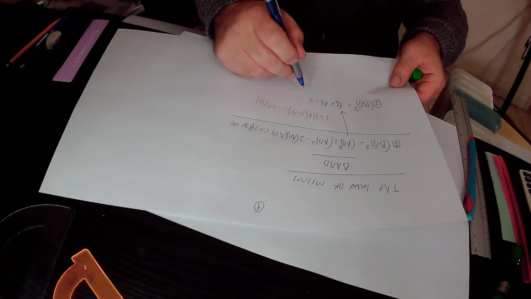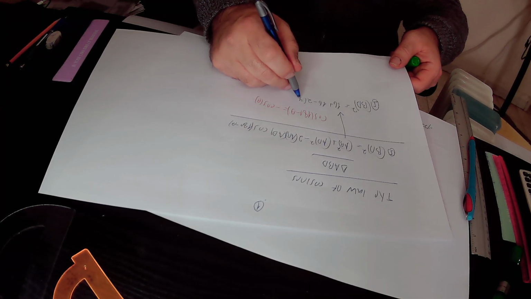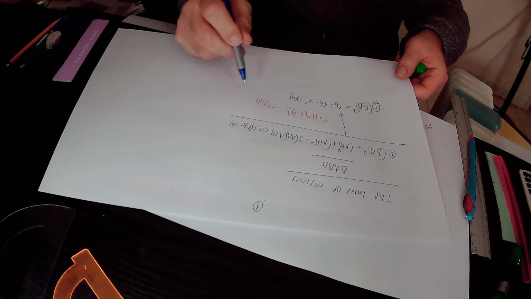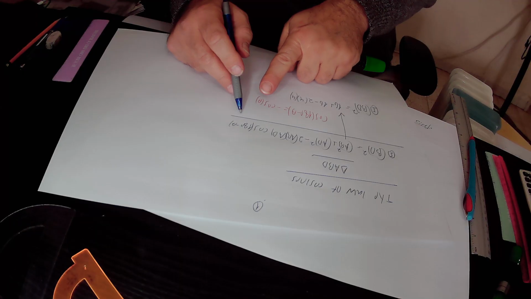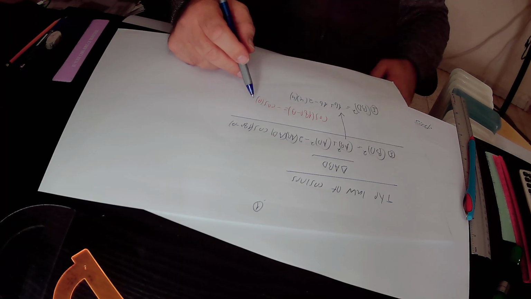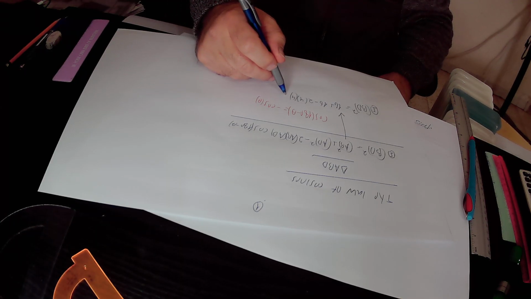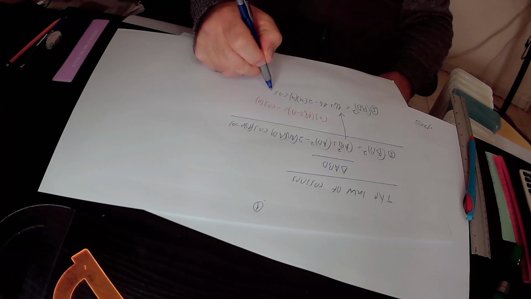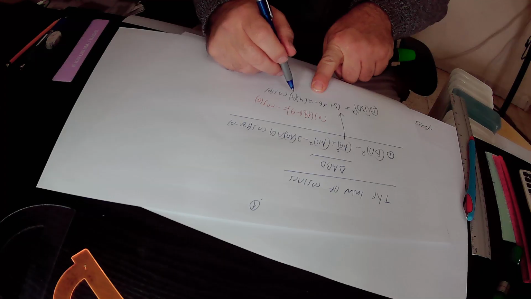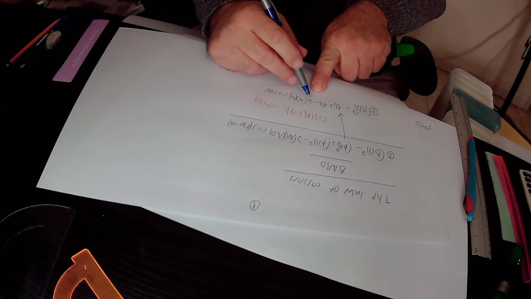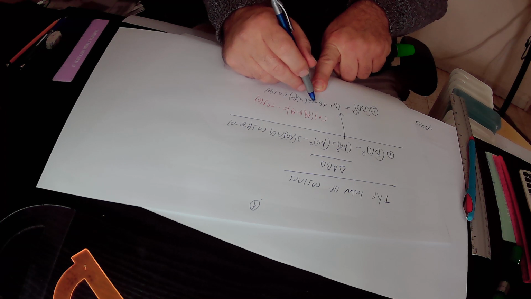Minus 2 times AB, which is 4, times AD, which is also 4, times cosine of 180 degrees minus theta, and that equals minus cosine theta. So minus times minus is plus. The negative sign turns to a positive.